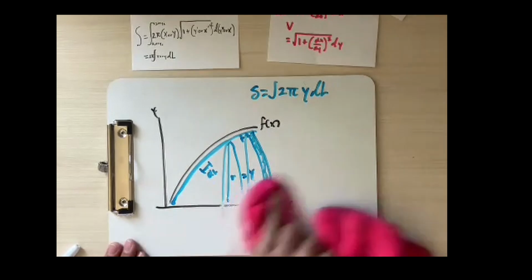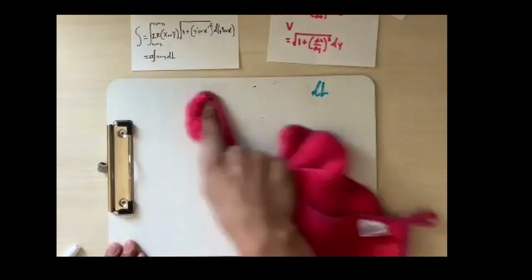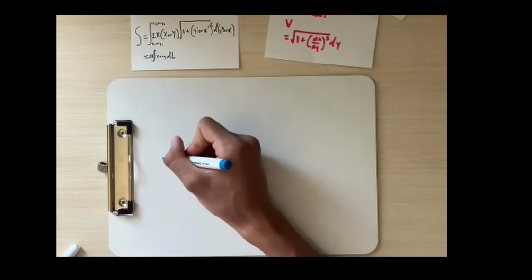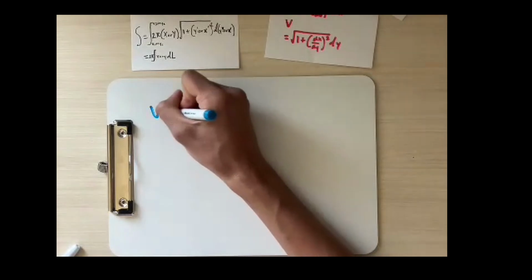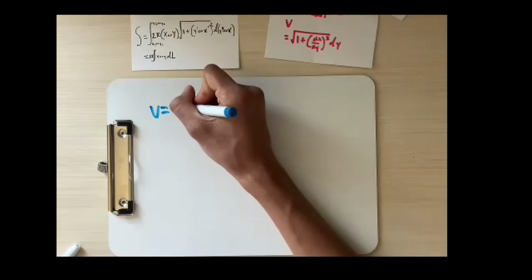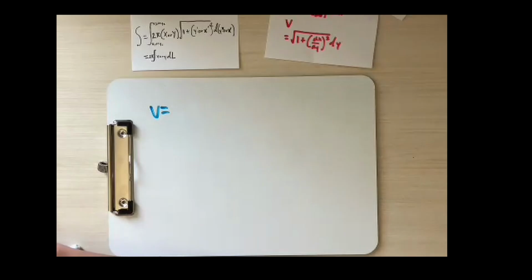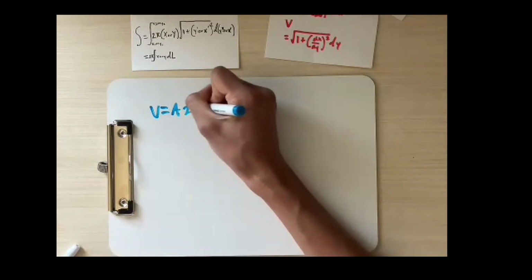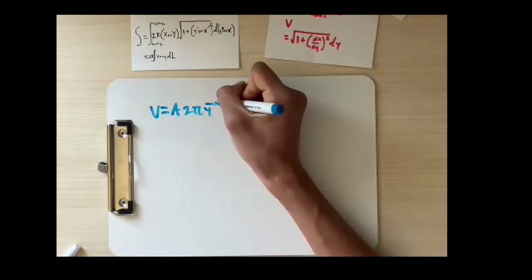One thing I'd like to mention really quickly too about the surface area integrals is how it can connect to centers of mass. You might have seen somewhere else or in a different video of mine that volume can equal area times 2 pi y bar.